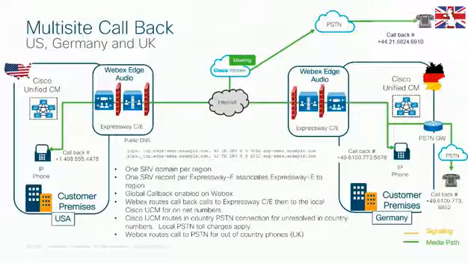Now, you could incur toll calls here, so there's a cost to the customer in this particular case if they allow this to happen. In addition, the same flow would happen to the UK user in the upper right, except this time Webex would actually use its PSTN connectivity to call back into the phone that's in the UK, versus the ones that were dialed directly over the internet to the US and into Germany.